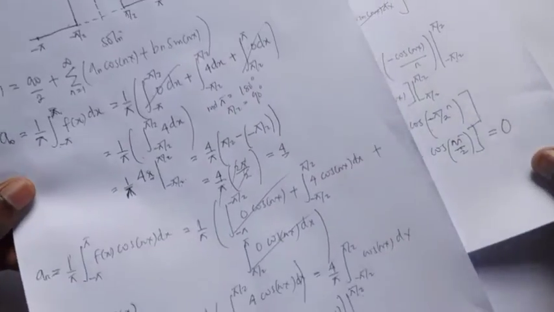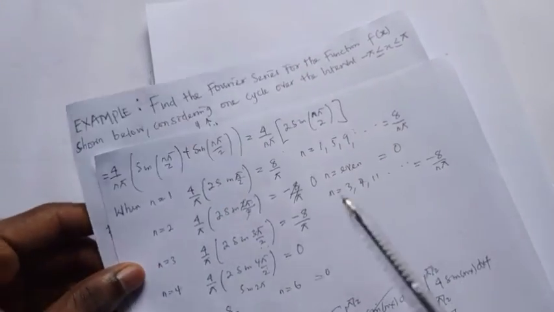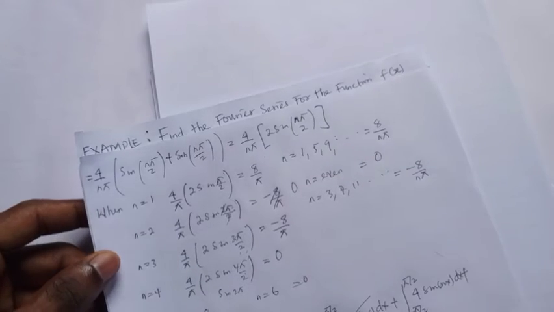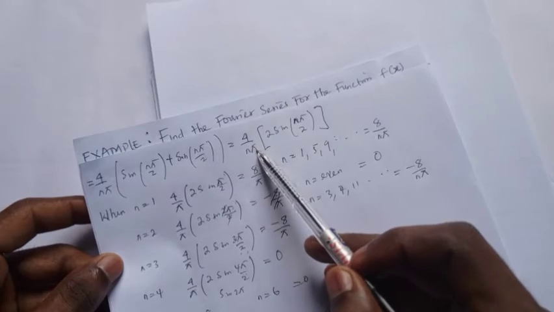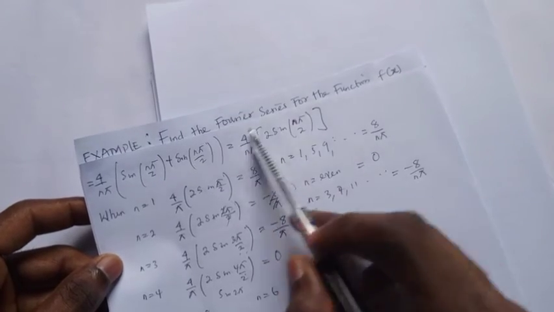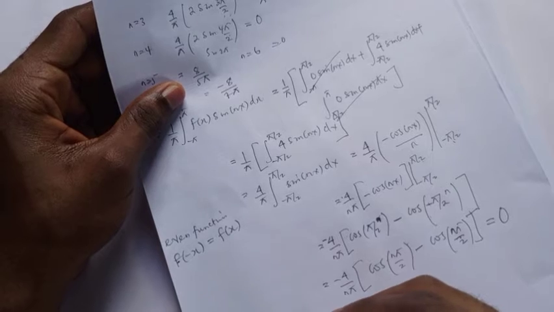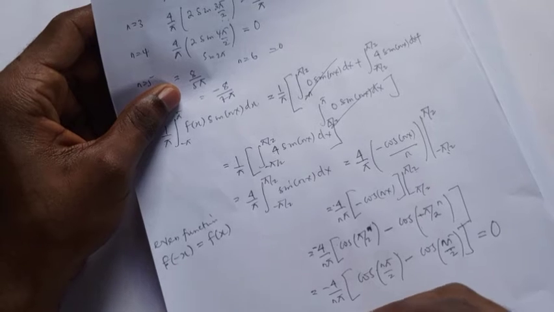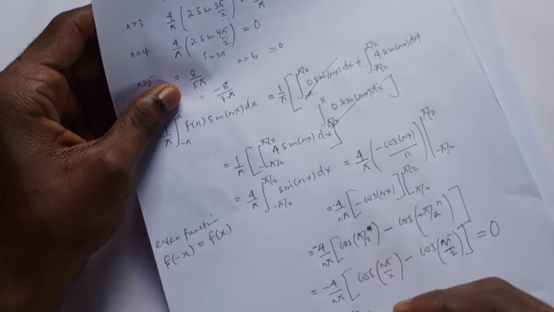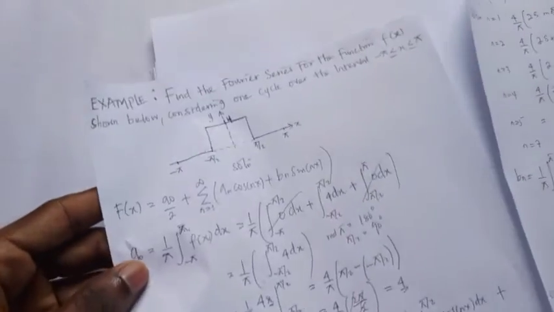The value of our an is 4 over n pi multiplied by 2 sine n pi over 2, plus what is the value of our bn?